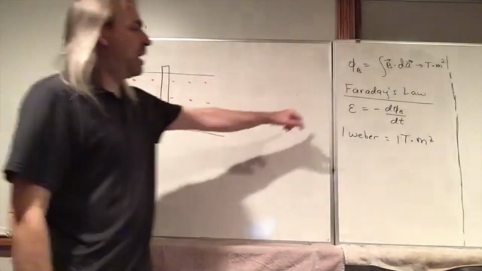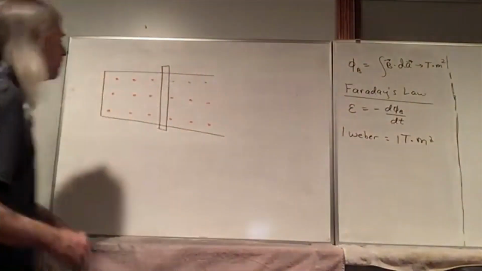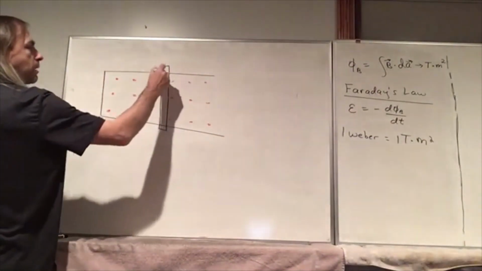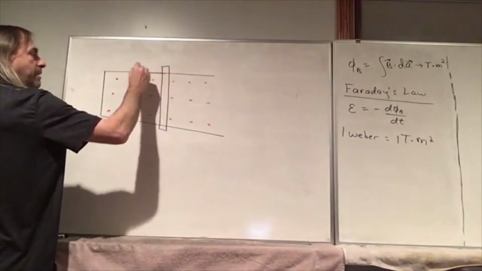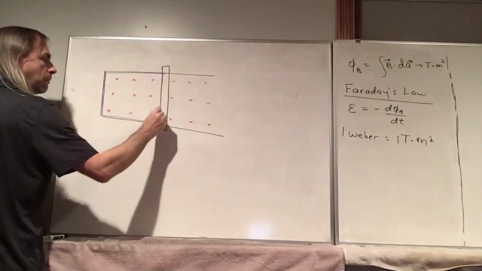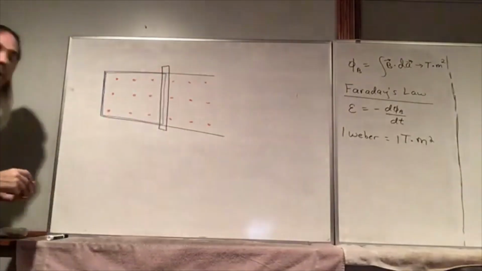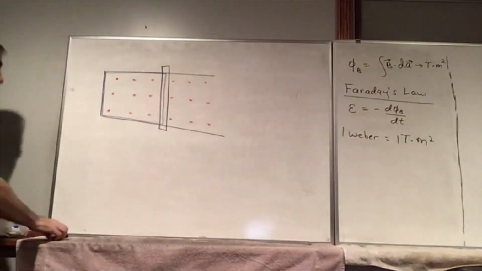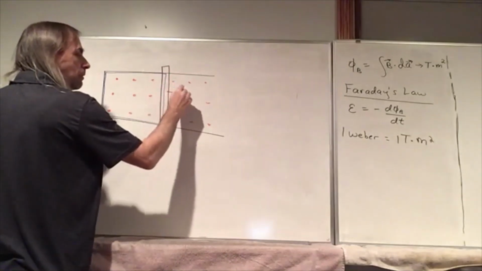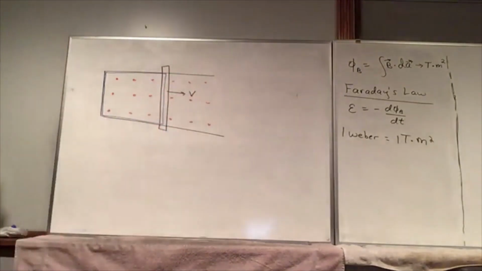And again, we can apply Faraday's law to any loop. So let's define our loop. I'll use this color here. So this is our loop here. Now what we're going to do is, let's say we grab this rail and pull it. And so it's now moving.